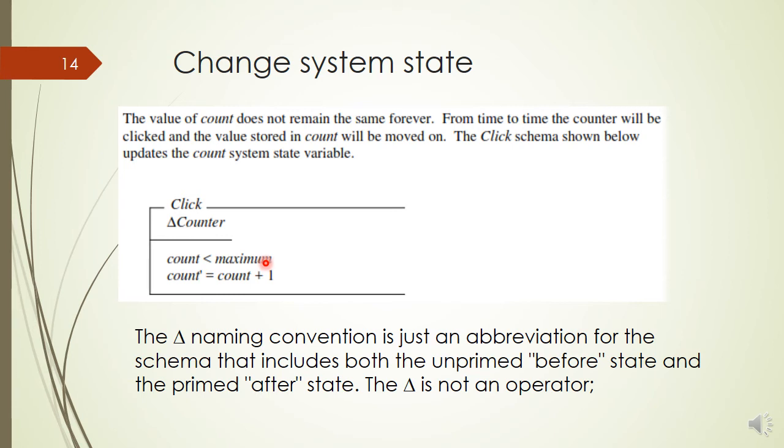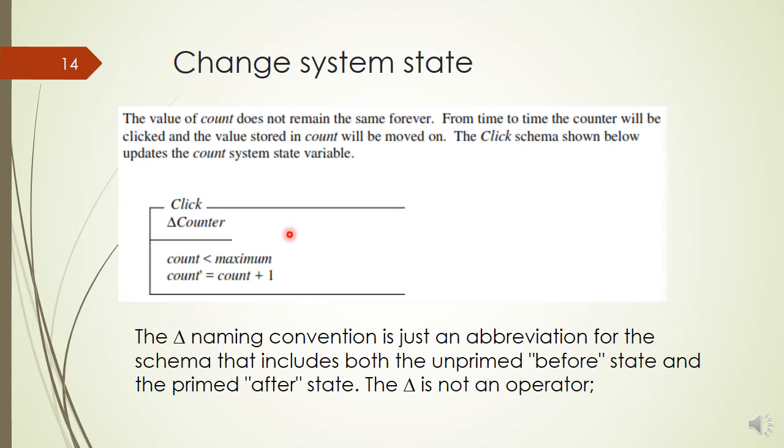And there are basically two kinds of operations. First kind of operation basically brings the change in the state of a system, and other kind of operations do not bring the change in the state of a system.